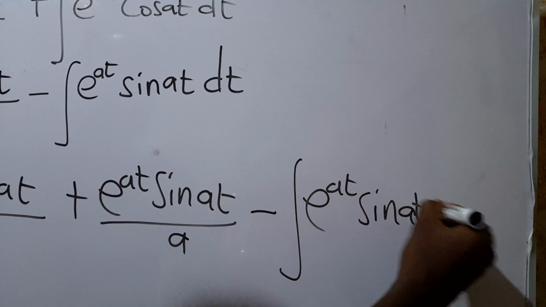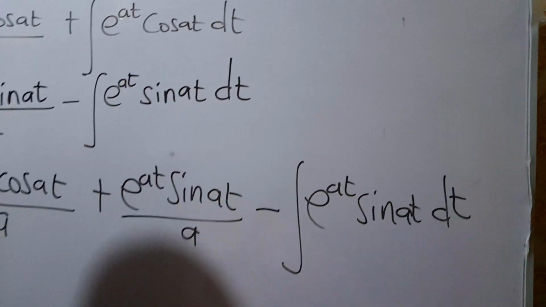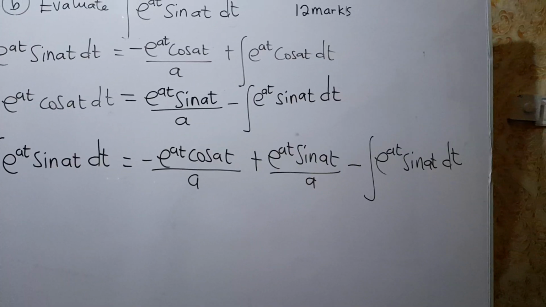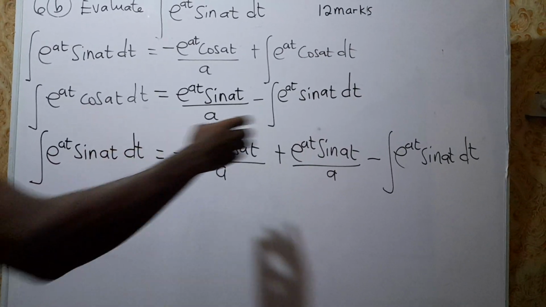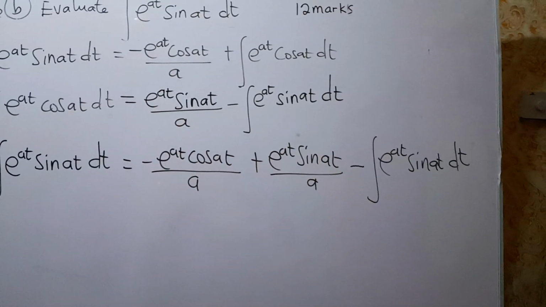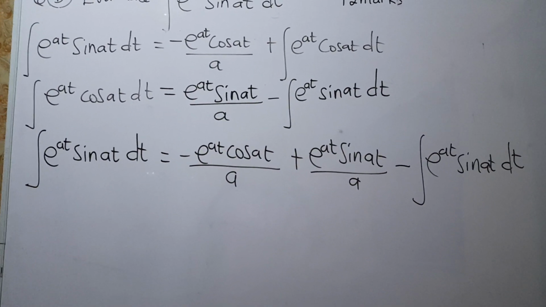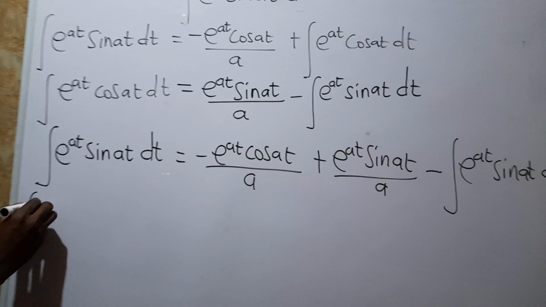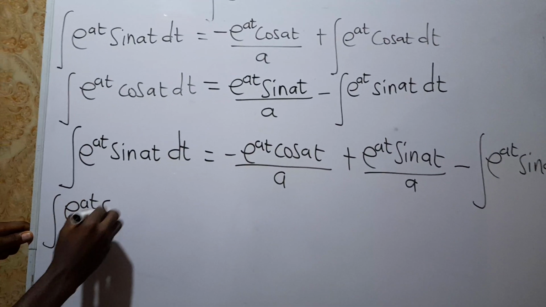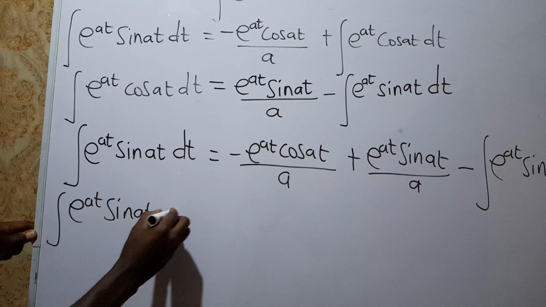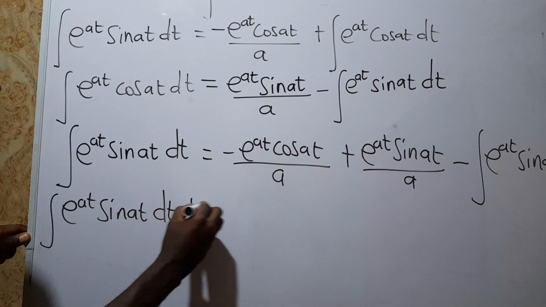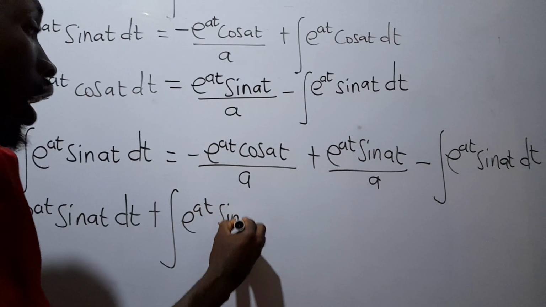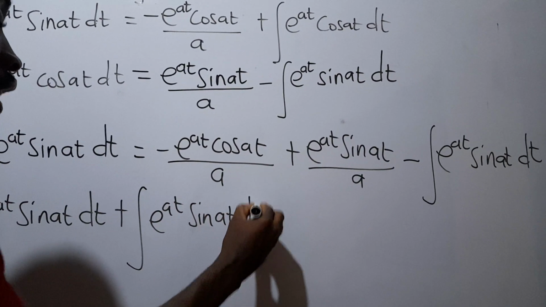sin(at) dt. Now, remember in integration by parts, anytime you are solving by parts, what you are integrating by parts pulls out again. There is no need to integrate by parts. We just bring them together. So we can transfer this to this. So we get the integral of e^(at) sin(at) dt plus the integral of e^(at) sin(at) dt.